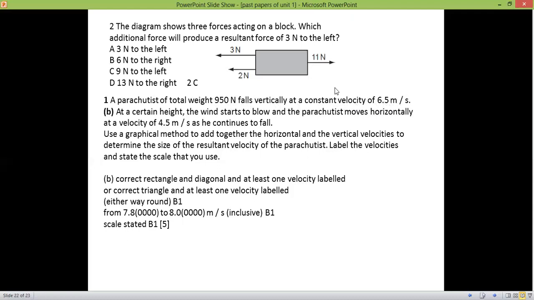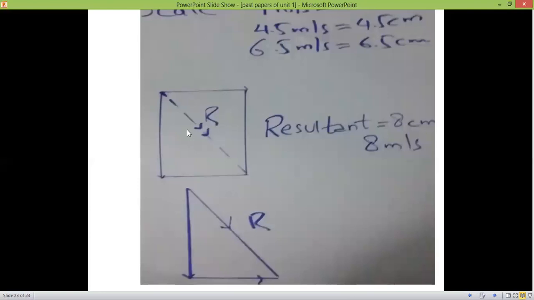So this is the direction vertically downward. The other direction is horizontal. So this is 6.5 in the downward direction. The other is the horizontal direction. This is the parallelogram method.